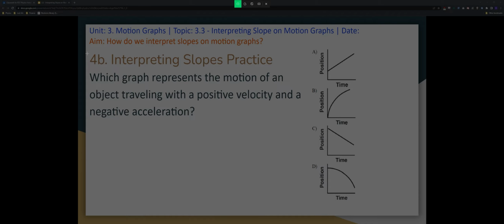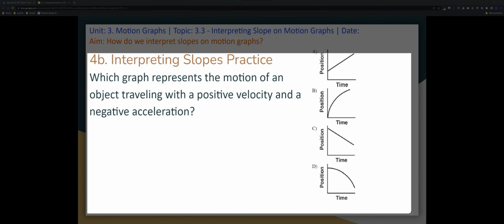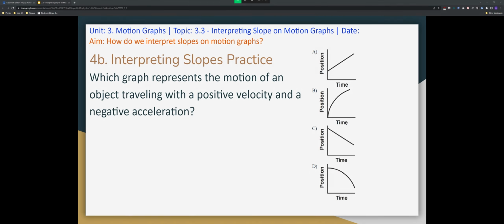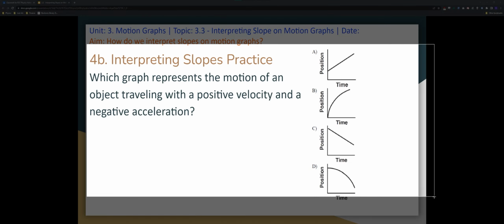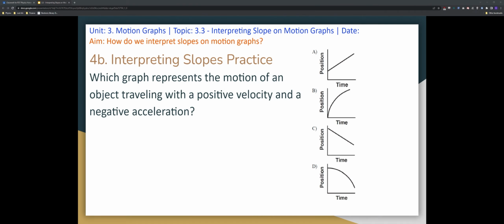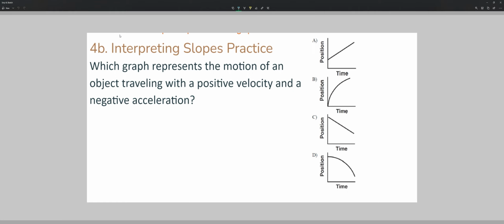Let's take a look at this question. For B, which graph represents the motion of an object traveling with positive velocity and negative acceleration?